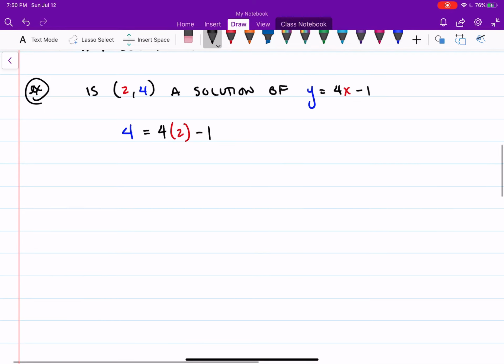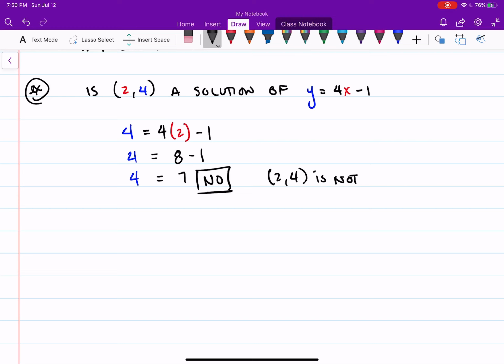We work on the left side and the right side and see what each equals. So 4 is equal to 8 minus 1, and is 4 equal to 7? The answer is no. Therefore, you know that (2, 4) is not a solution.